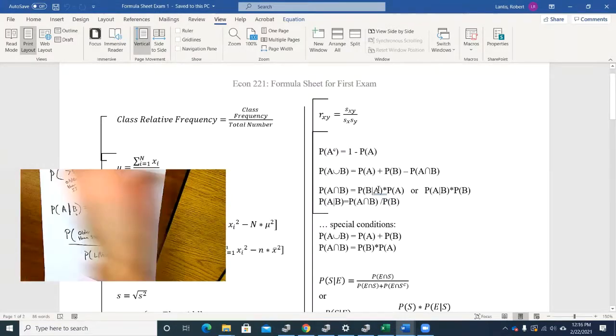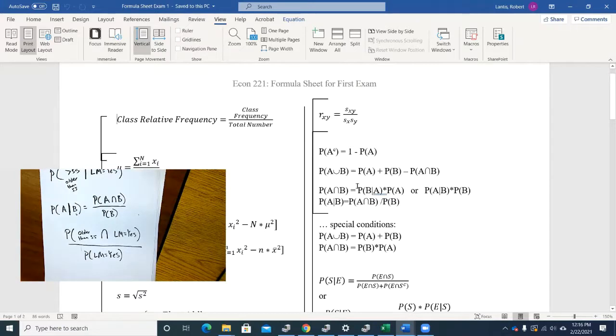Over here on the right-hand side, we have that the conditional probability is the probability of the intersection of these two events divided by the probability of what we're conditioning on. Okay? So that's how I got the general form of the equation to solve for the conditional probability of A.